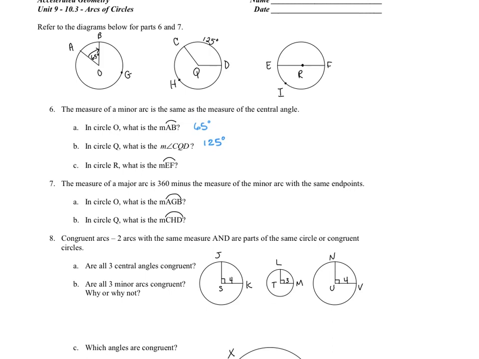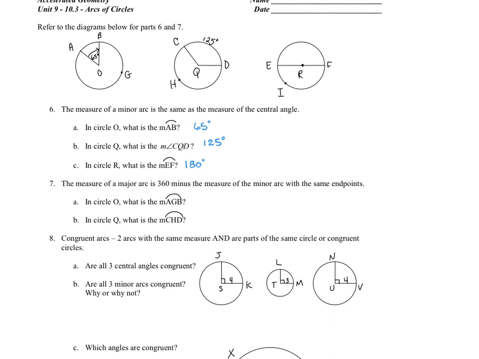In circle R, what is the measure of arc EF? Well, in this case, the endpoints of the arc are the endpoints of a diameter. There isn't a third point on the upper part of the circle. So arc EF is referring to semicircle EF, and semicircles have a measure of 180 degrees.